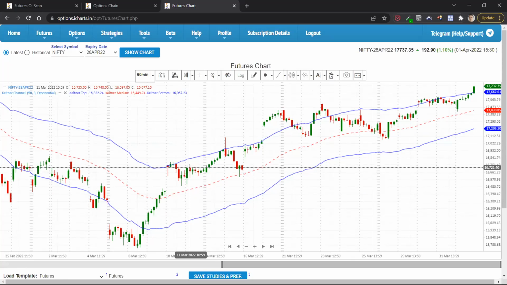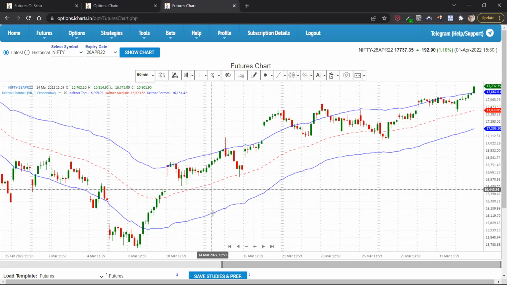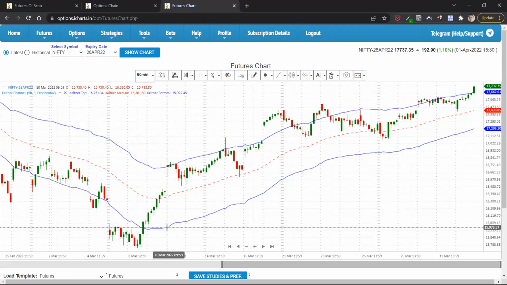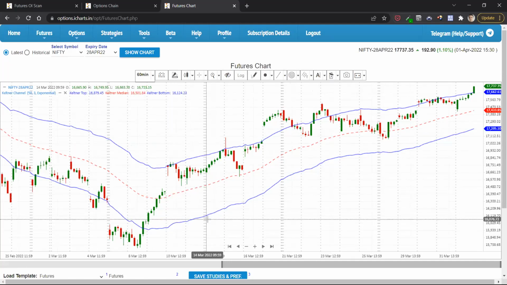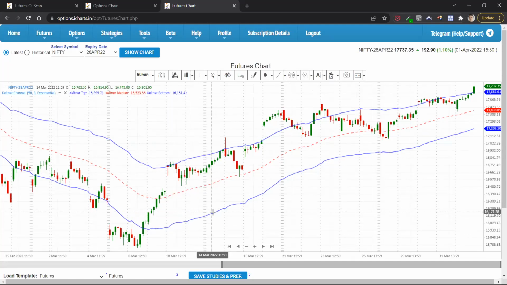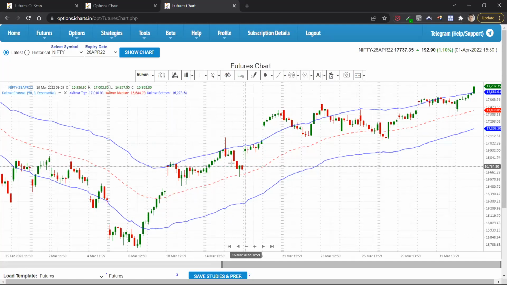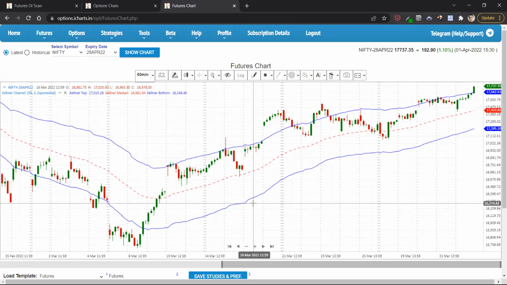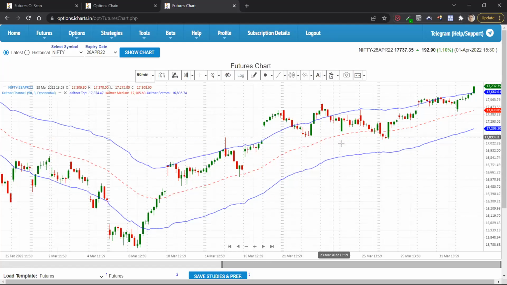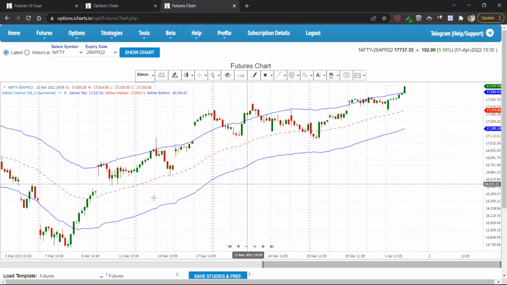It was not a clear breakout, but on this day it was a good breakout here. So I keep adding to this position. Maybe if from here to here it is more than 100 points or so, then I sell another one here. Then again here, I just sell something here. So I just keep pyramiding, as long as this trend is going.